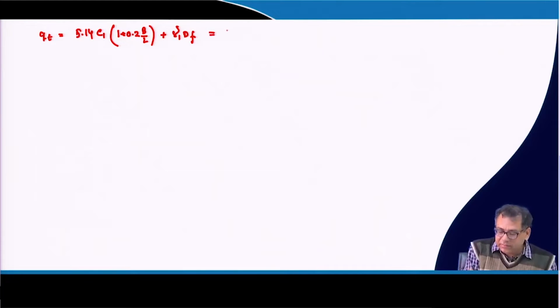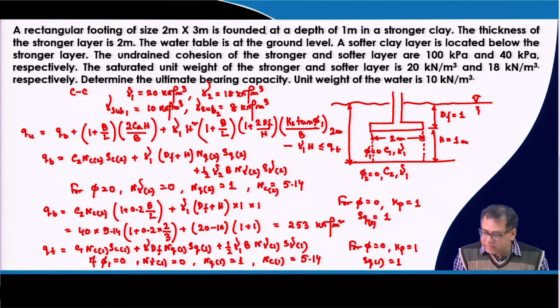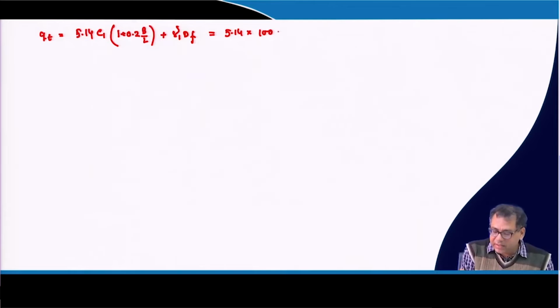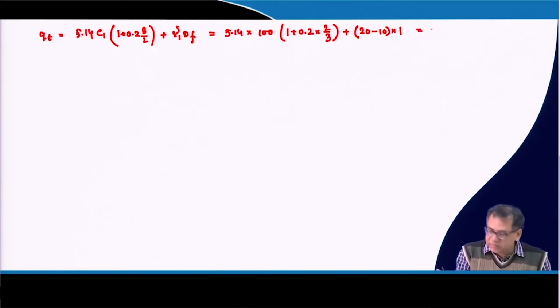Then 5.14, C1 is 100 because C2 is given as 40 kPa. So C2 is 40, C1 is 100, and then 1 plus 0.2 into 2 by 3 plus, again at the ground surface, df is equal to 1. So, this is 592.5 kilonewton per meter square.